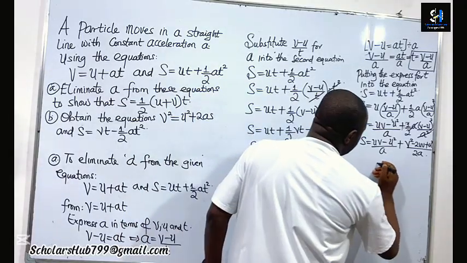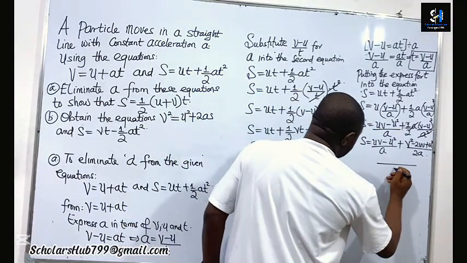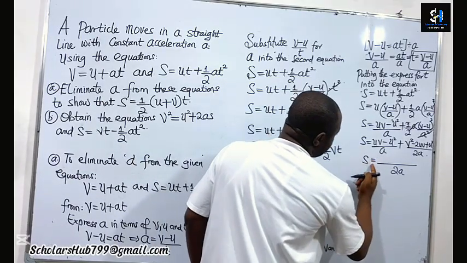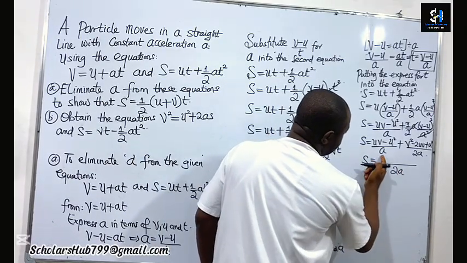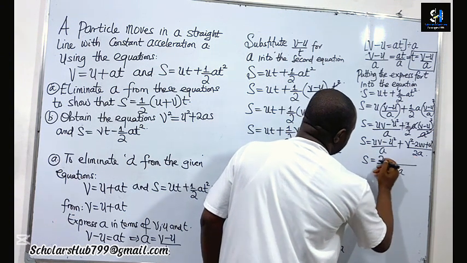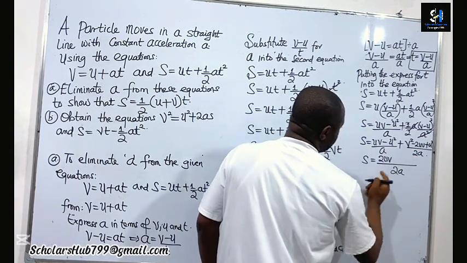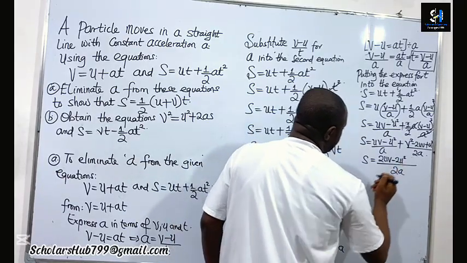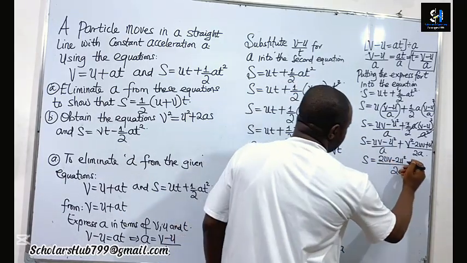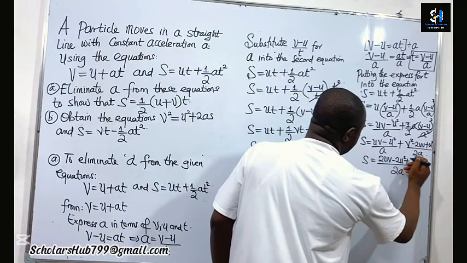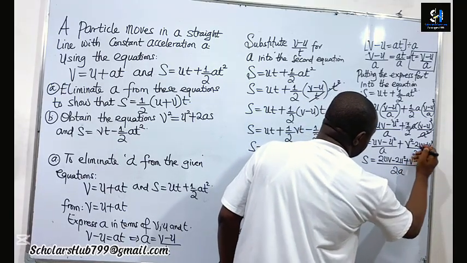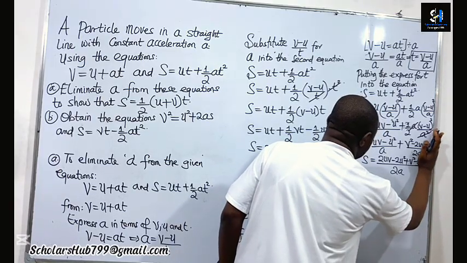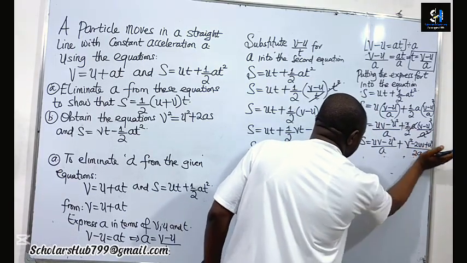So now the LCM of this will be 2a. If the LCM is 2a, then 2a divided by a is 2, so 2 times uv is 2uv, and 2 multiplied by negative u squared is negative 2u squared. Then plus v squared minus 2uv plus u squared. Let me write this again.